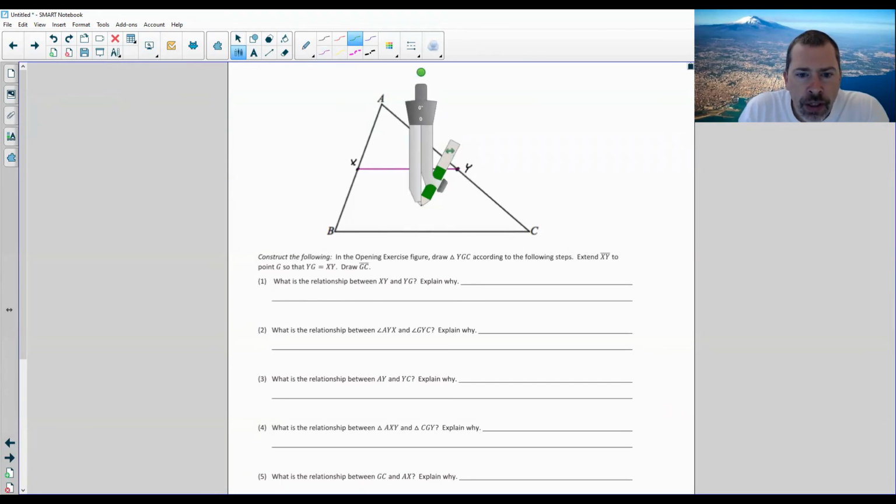So what they're saying is you take your compass, you put it on X, open it up to Y. So basically we are opening our compass so we have a circle with a radius of XY. If I now move my compass to Y and draw an arc like so, the distance from here to here will be the same as the distance from here to here.